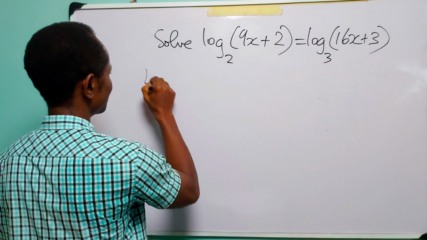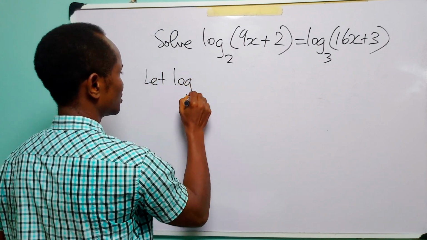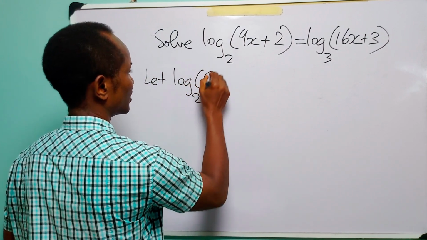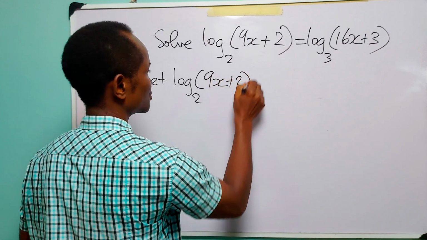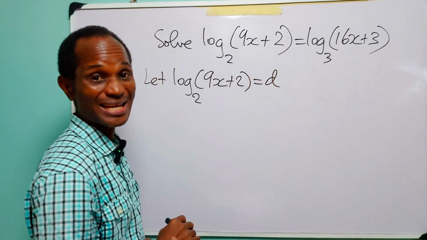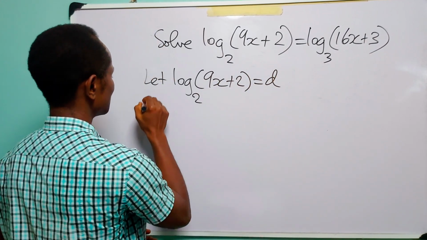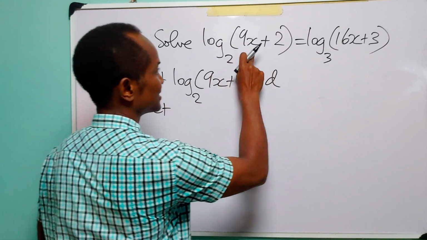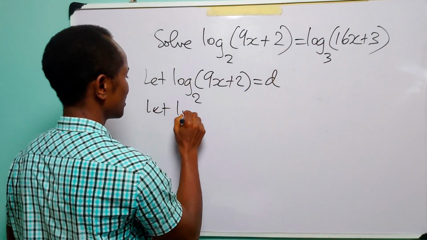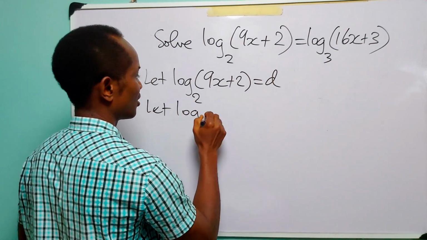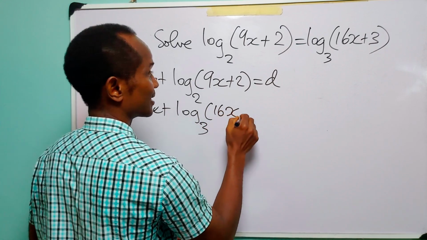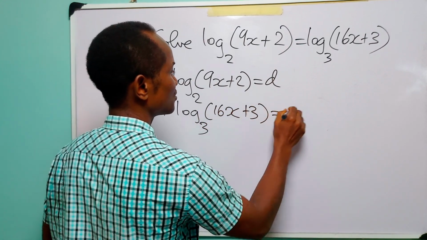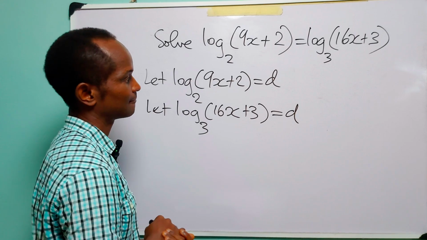So we are going to solve this using a slightly different approach. Now, let log to base 2 of 9x plus 2 be equal to some number d. And also, since this is equal to this, let log to base 3 of 16x plus 3 also be equal to the number d.